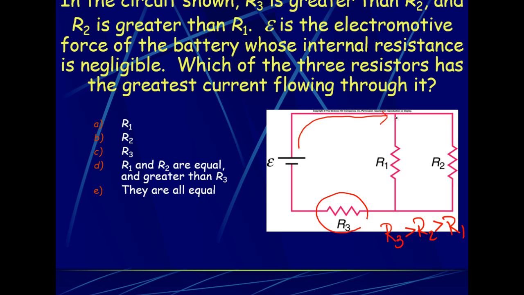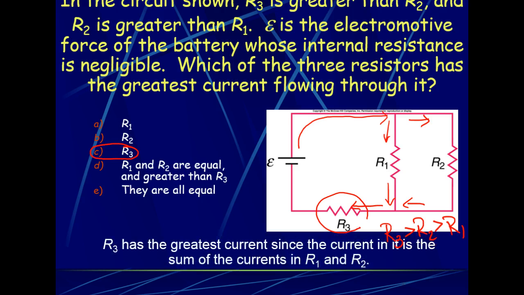We have a current, it gets to this point, it's going to split, comes down here, it comes back together, and then it goes through R3. So since all of the current goes through R3, that's who's going to get the biggest current. It doesn't matter who's the bigger resistor. What matters is their position in this circuit.